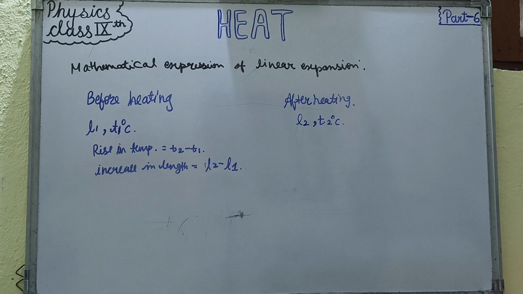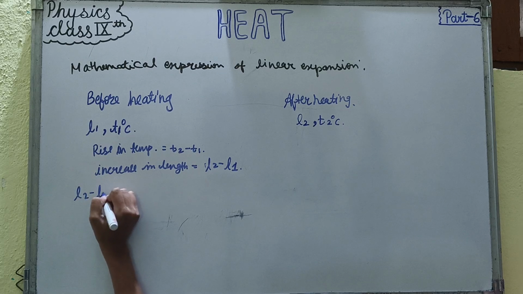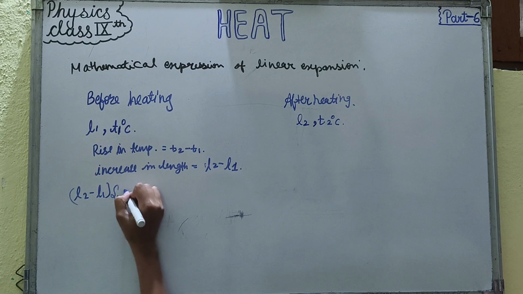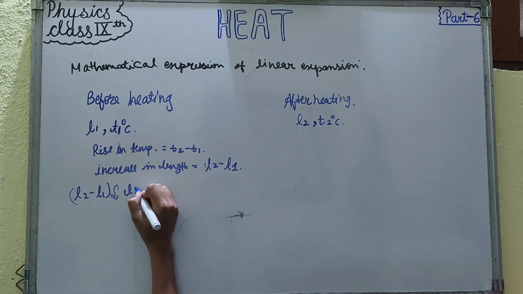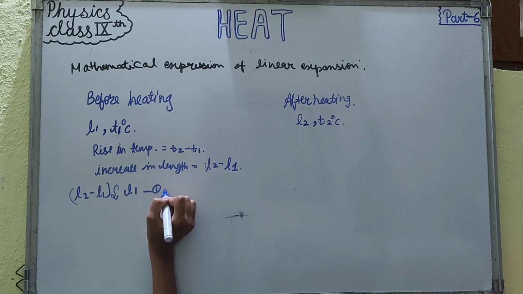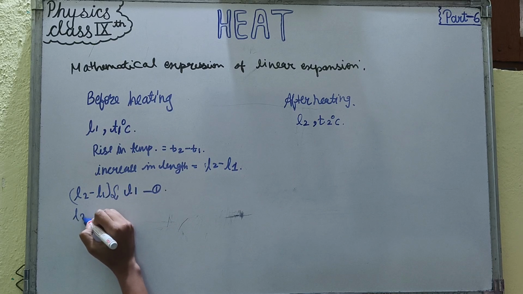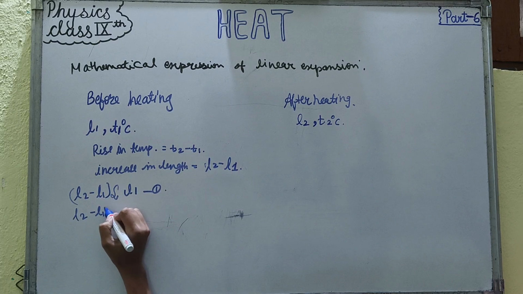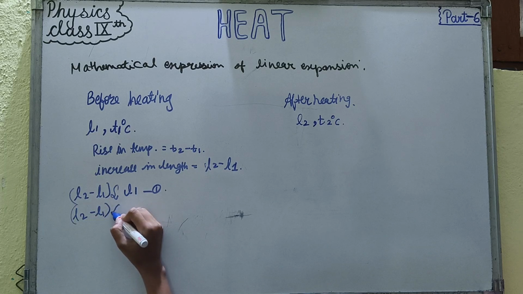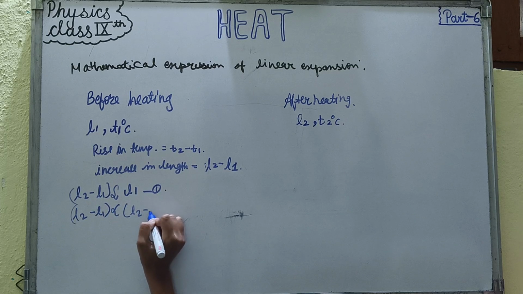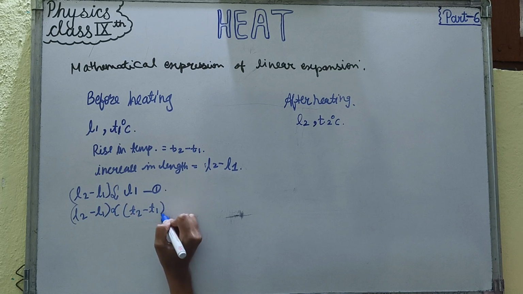The increase in length, L2 minus L1, is directly proportional to L1, equation 1, and L2 minus L1 is directly proportional to T2 minus T1, equation 2.